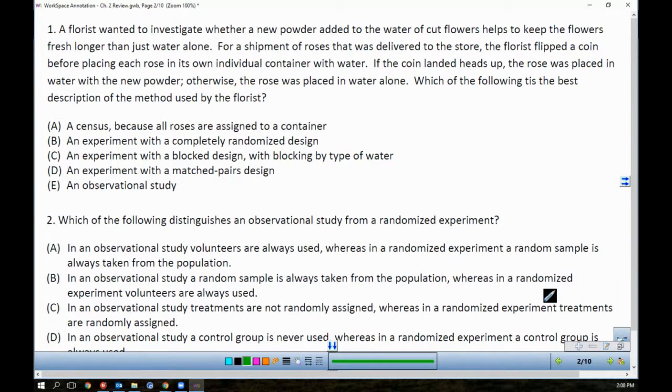If the coin landed heads up, the rose was placed in water with the new powder. Otherwise, the rose was just placed in water alone. Which of the following is the best description of the method used by the florist?